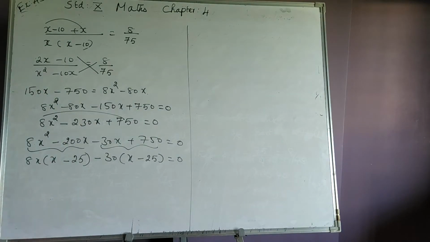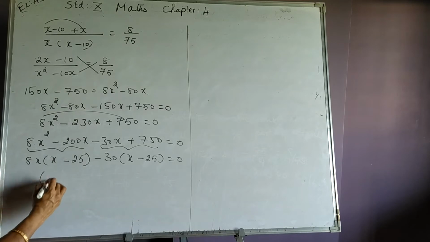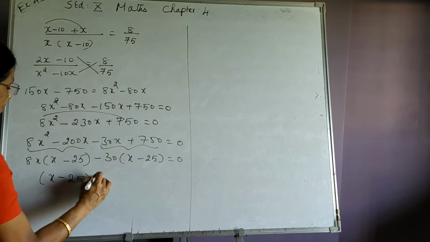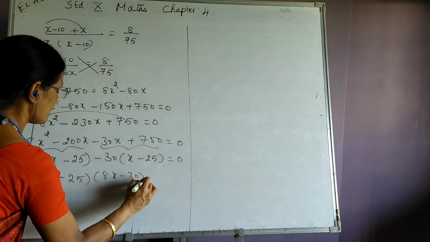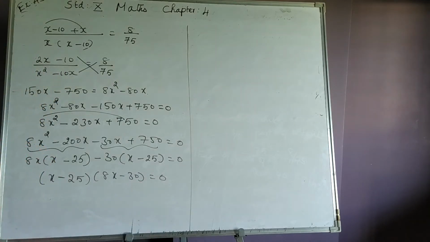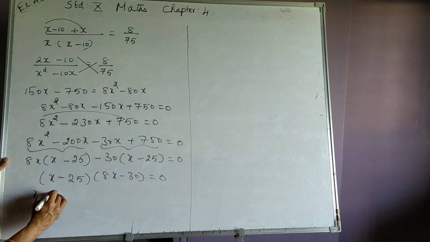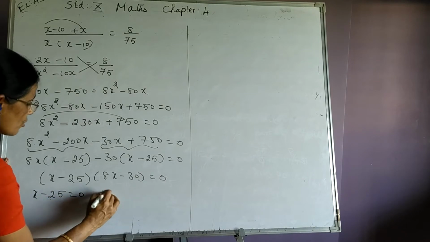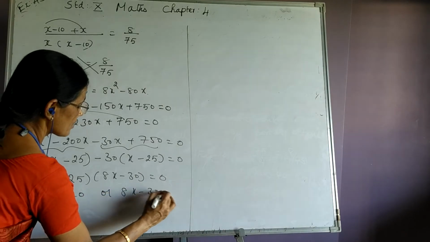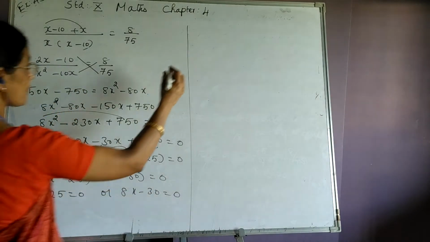Therefore, we get x minus 10 into 8x minus 3 equal to what? Equal to 0. Equating each factor to 0, we get x minus 10 equal to 0 or 8x minus 3 equal to 0.